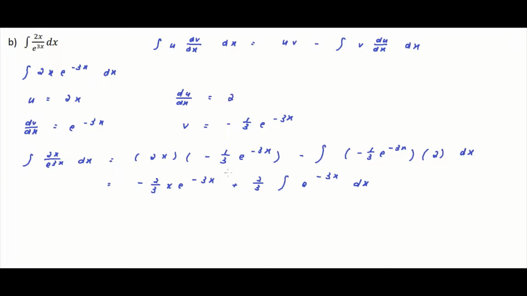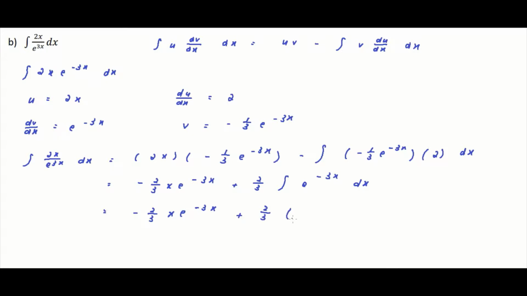Of course there are different things because we've implemented the formula here already, but the idea is that when we use this method, for this part it will always become a simple integral that we can directly integrate. So -(2/3)x e^(-3x) and then plus 2/3.